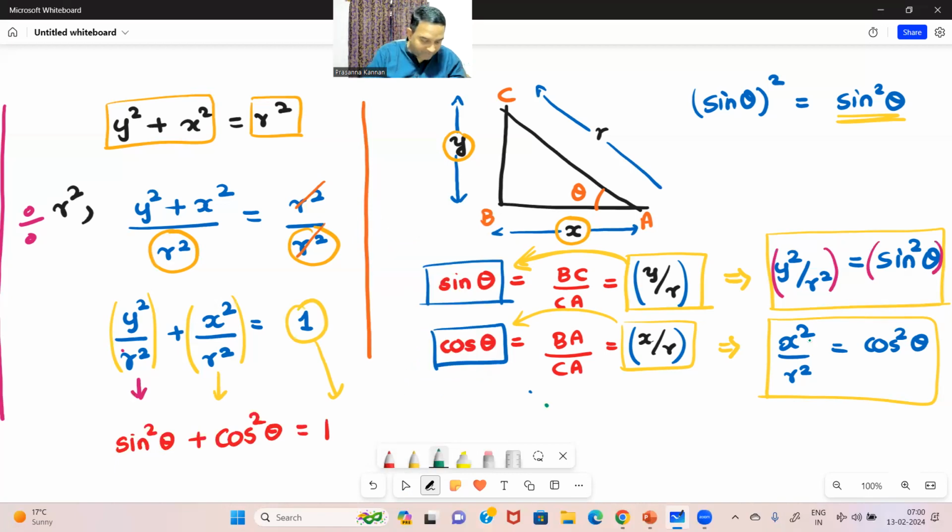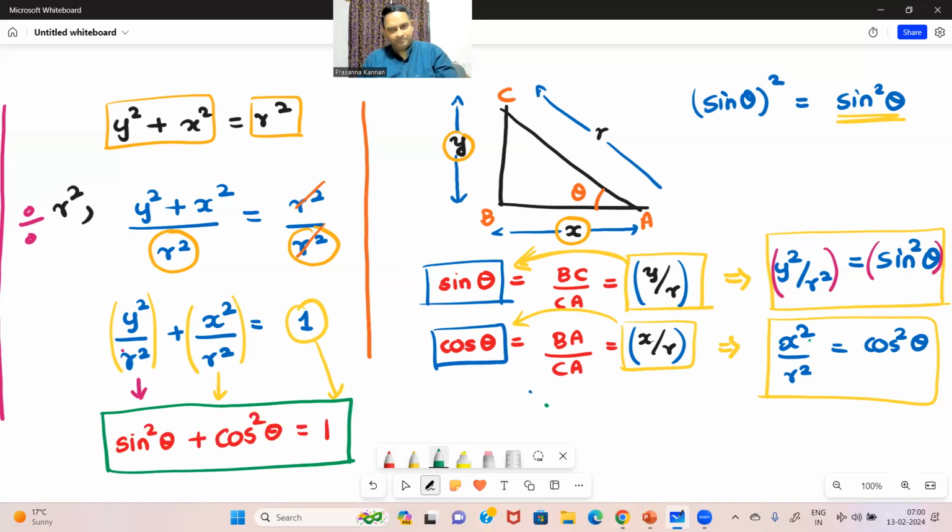So we have derived one important formula in trigonometry. What is it? Sine square theta plus cos square theta is equal to 1. Very good. This is a very important formula in trigonometry. Whatever the angle theta is, sine square theta plus cos square theta will be equal to 1.